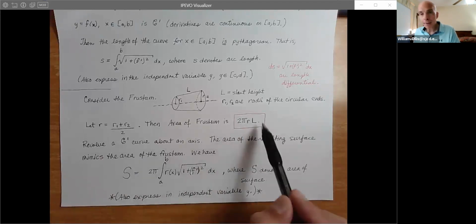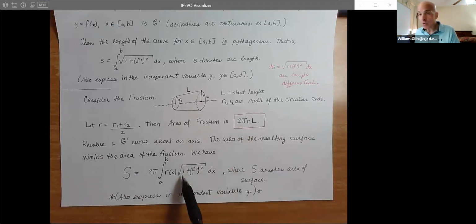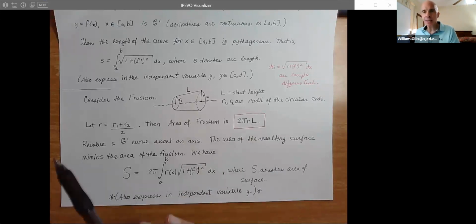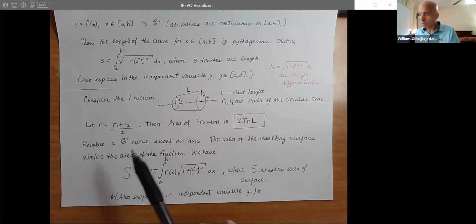So if you remember the area of the frustum, that helps you remember the formula for the area of the surface. So again, the geometry and the calculus are married here like they have been from day one.